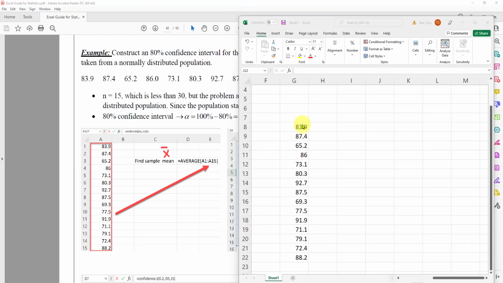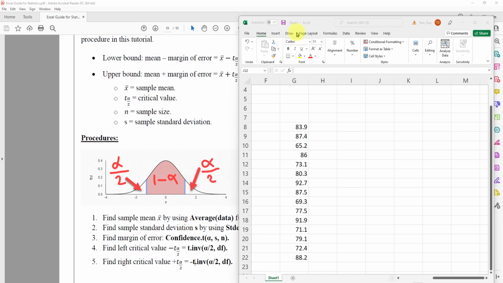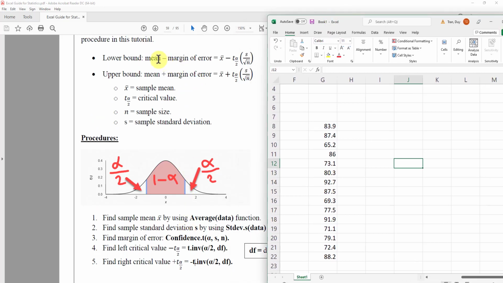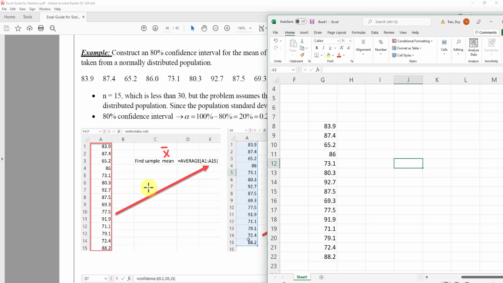After I enter all the values in one column, I need to find a sample mean x bar because we need that in our formula. Our formula says to find the lower bound or the upper bound, we need the x bar and then minus or plus the margin of error.